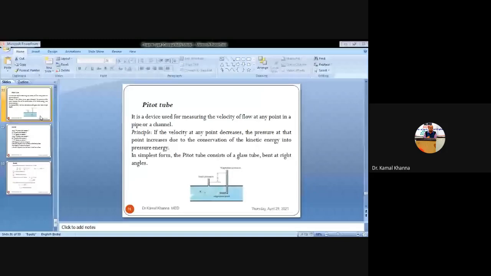So due to these losses, the actual velocity calculated will be less as compared to the theoretical value.